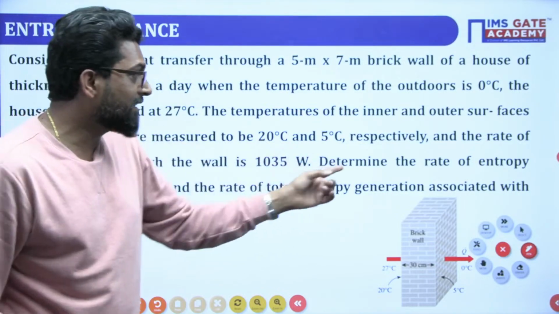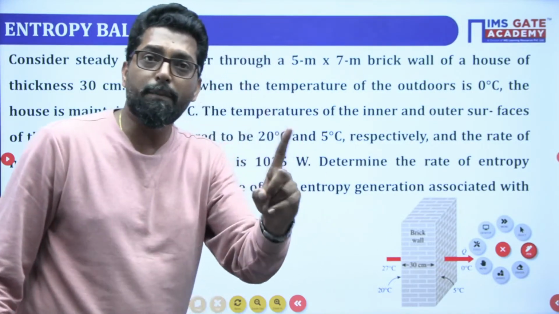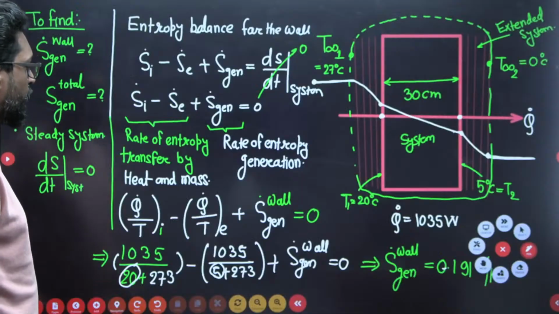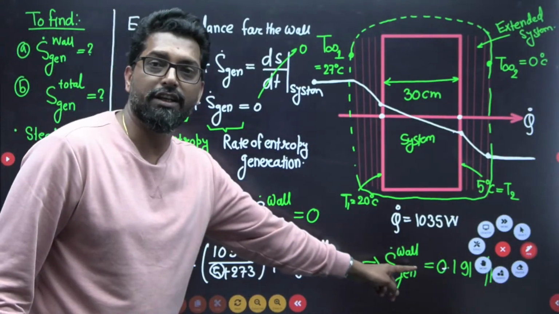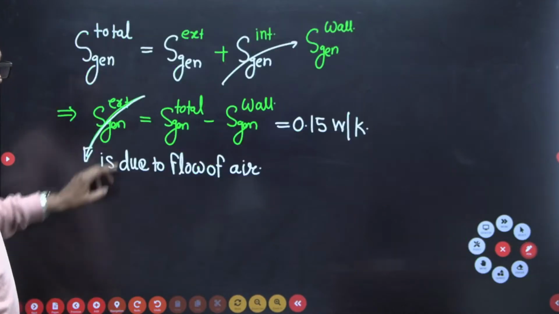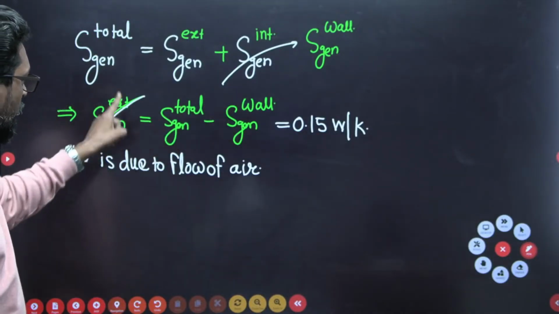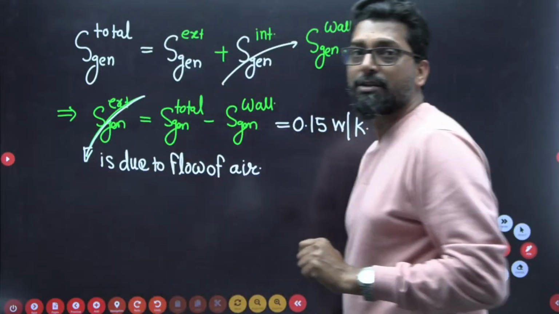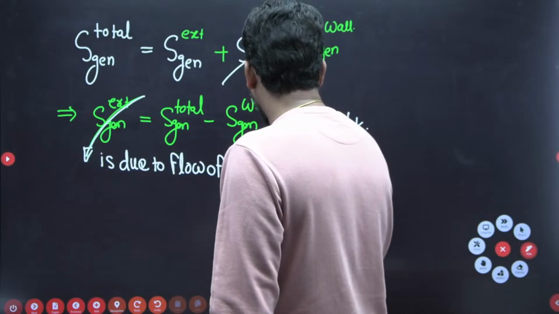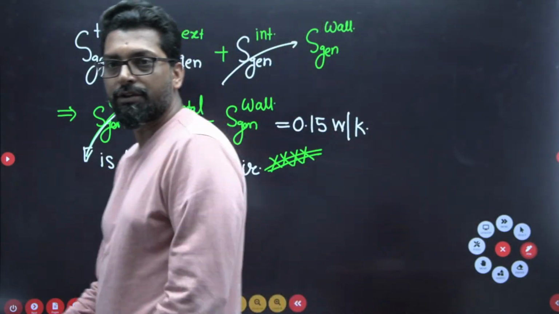So how to find it? Find the entropy generation within the wall and the total entropy generation, then subtract total minus entropy generation of wall. That is the entropy generation due to external irreversibility, due to the flow of air. So this question is very important, I am telling you.